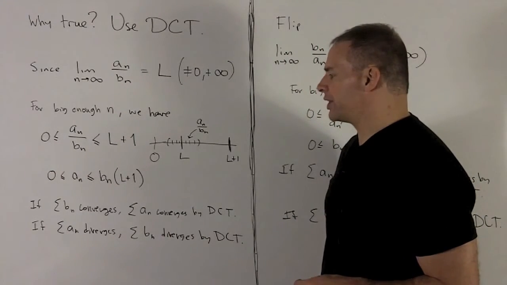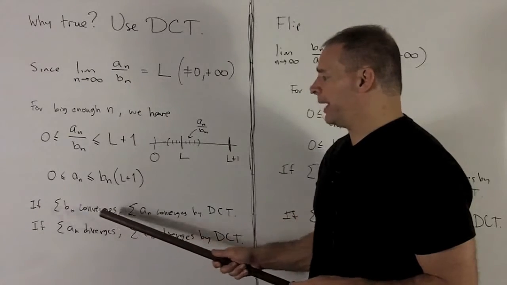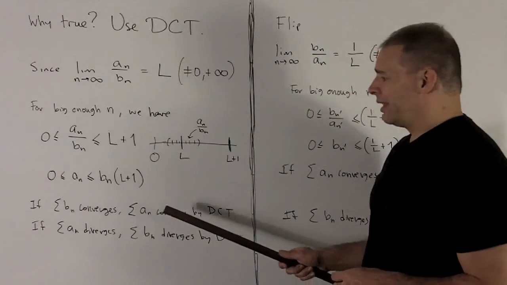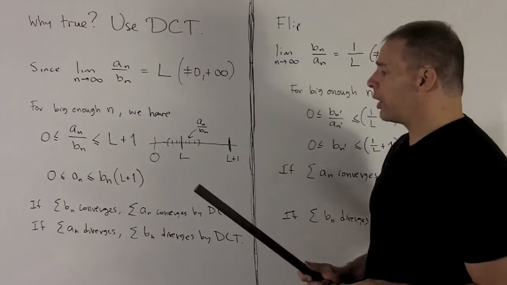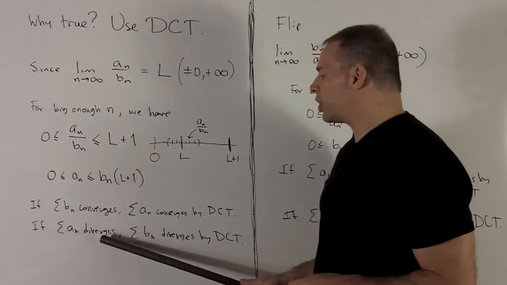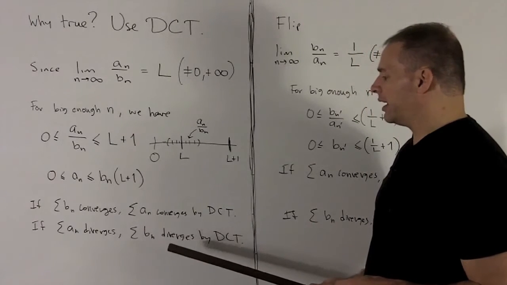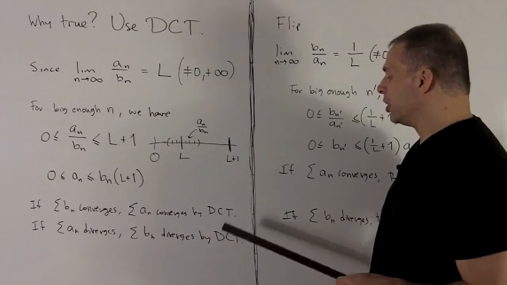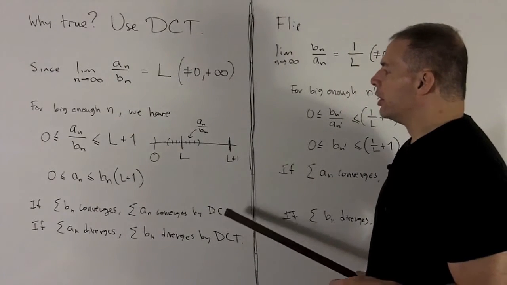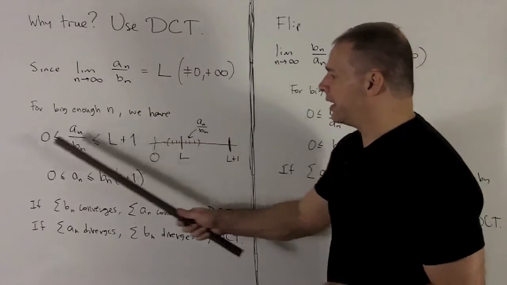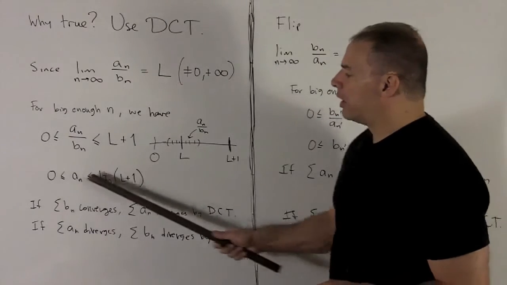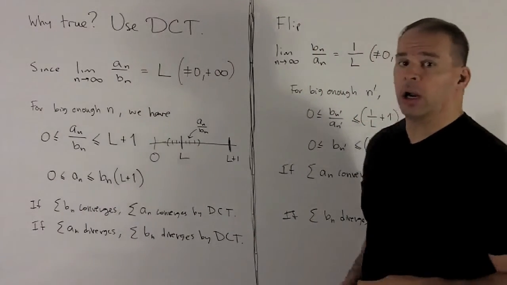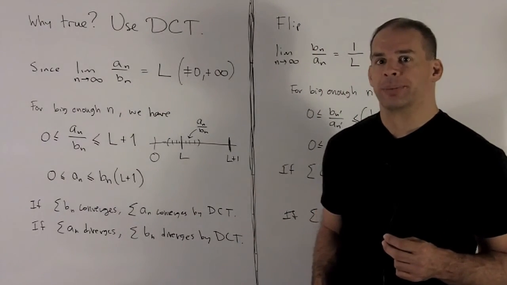Direct comparison test is going to say if the series for bn converges, then the series for an is also going to converge. Also, if the series for an diverges, then the series for bn is going to diverge also by direct comparison test. So what are we unspooling? We're unspooling half of our final statement for the limit comparison test.